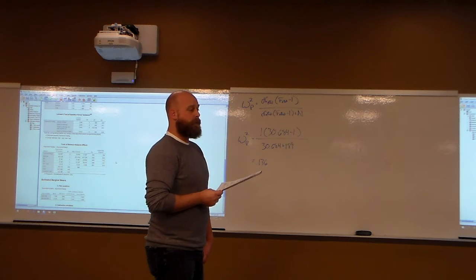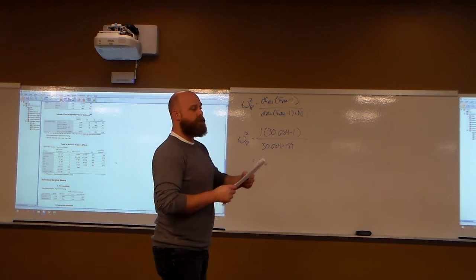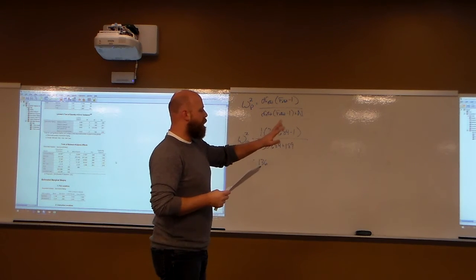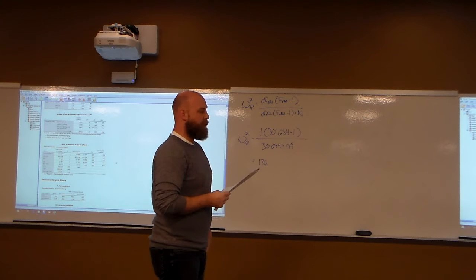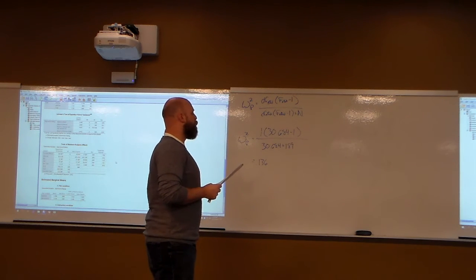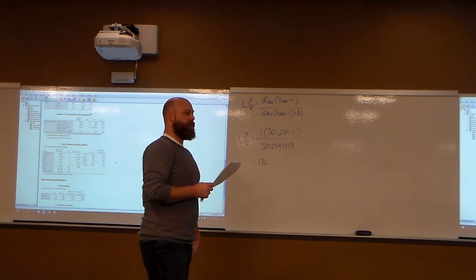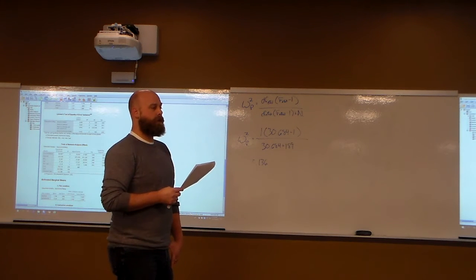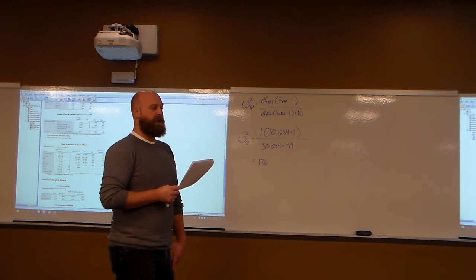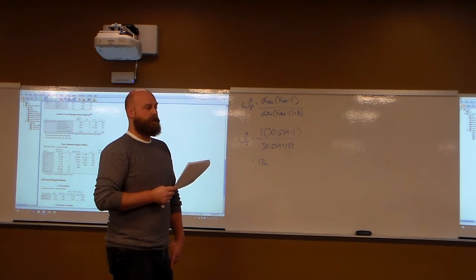In the output, it's giving you partial eta squared. How does partial eta squared for film relate to our partial omega squared for film? Lower. Does that make sense? Why?